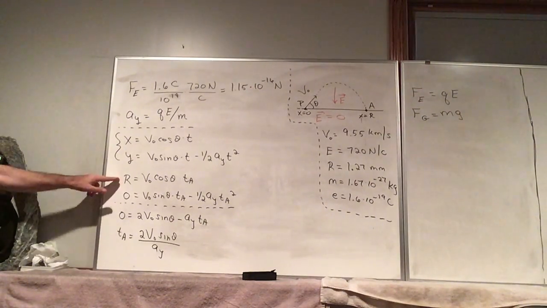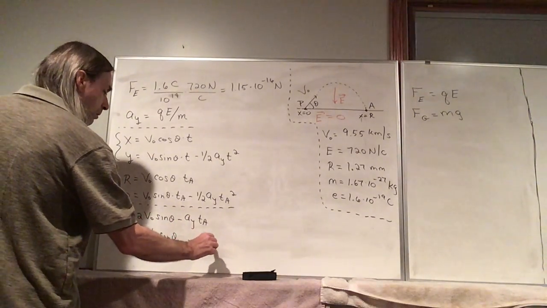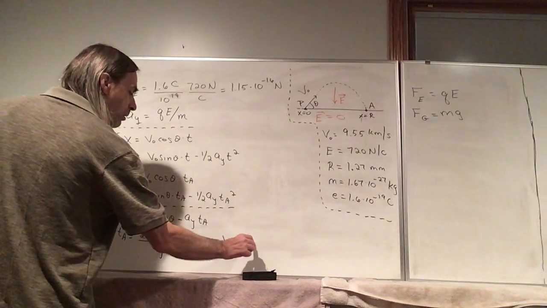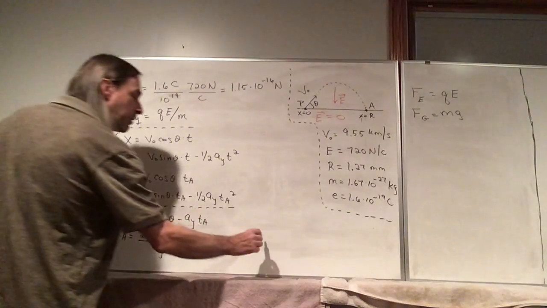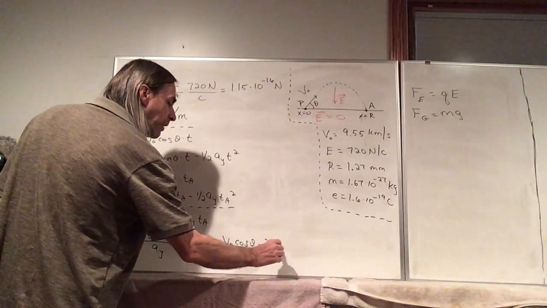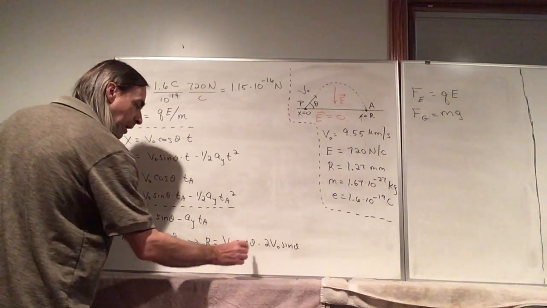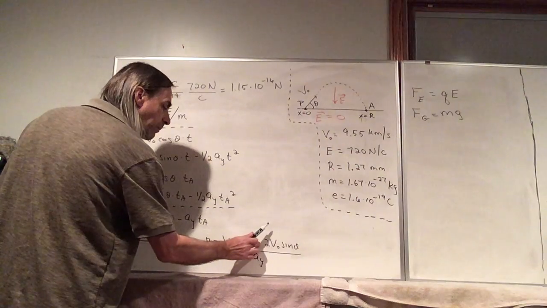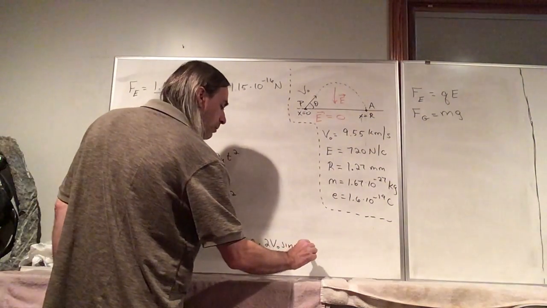So now if we plug this into R, we have v naught cosine theta times t_A, which is 2 v naught sine theta divided by a_y, which gives v naught squared.